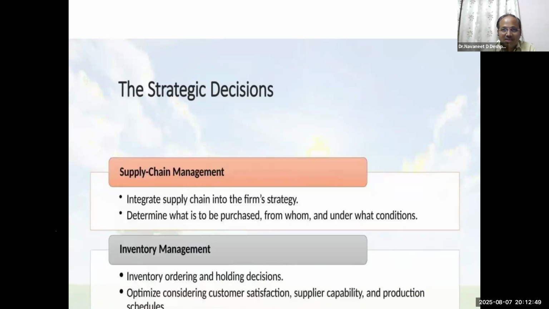And then supply chain management. So integrate supply chain into the firm strategy. Supply chain management, right from the procurement stage, the purchases and inventory, storage, utilization, providing it to the end user, and finally how to market that these facilities are available, how people will come to know. A little bit of marketing, not exactly what you can call marketing.